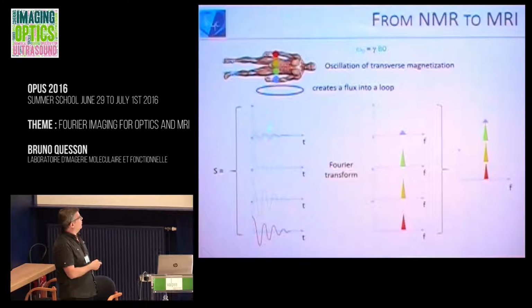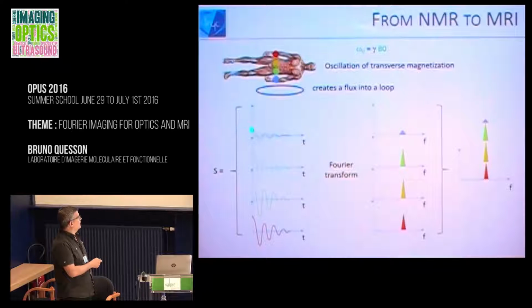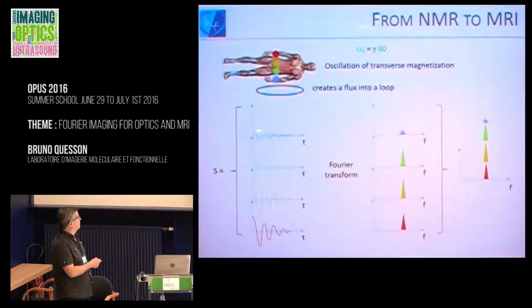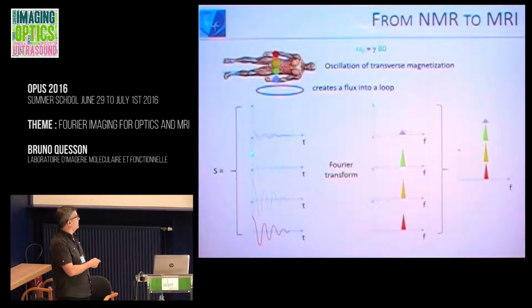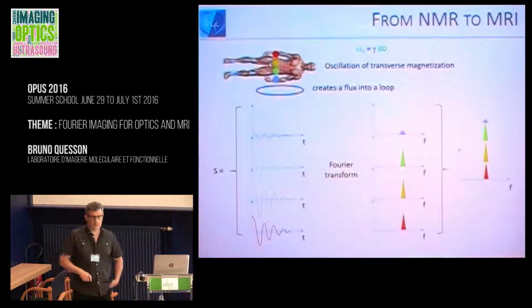Then, if I plot the signal in the transverse plane after stopping this B1, I get my relaxation from the blue part. For example, I get that amplitude because I have less water in that region as compared to that. This one has more water, so the signal is more intense. This one, again, has more water, so it's a bit more intense. And this one has an intermediate value, so it's a bit less intense. And they all oscillate gently at the same frequency.